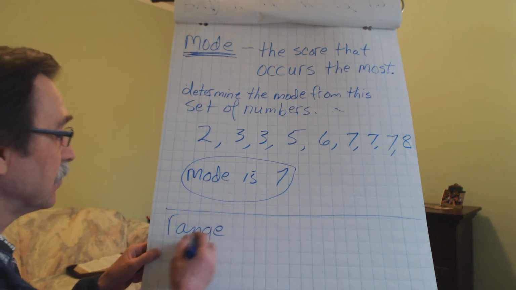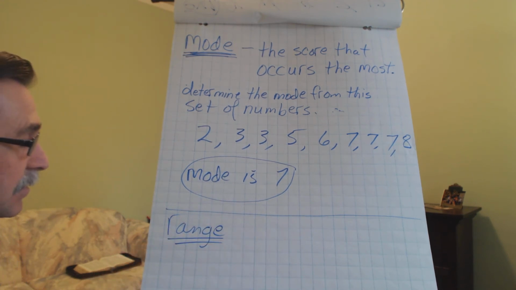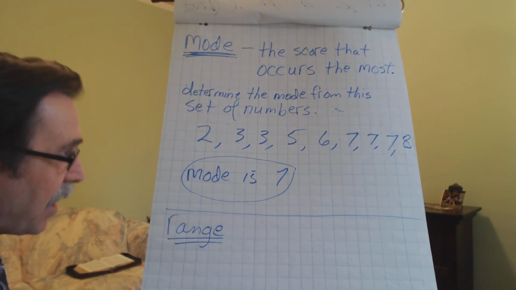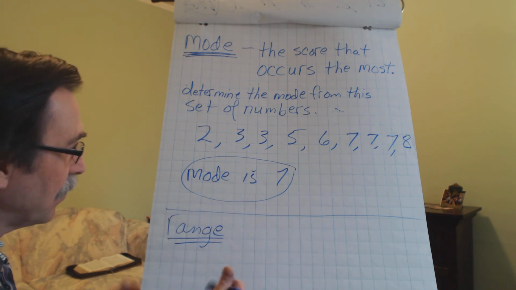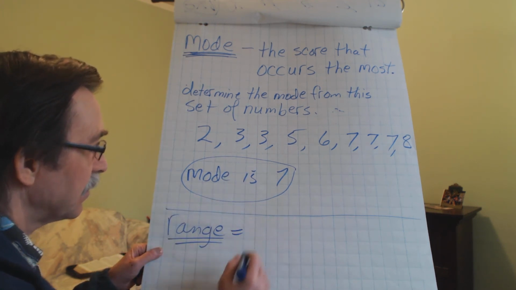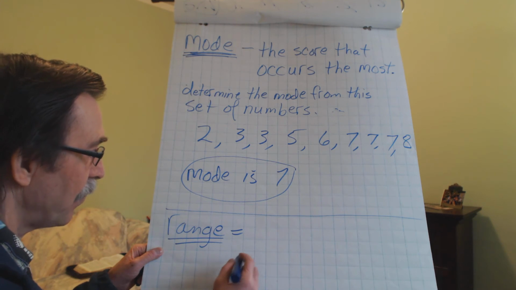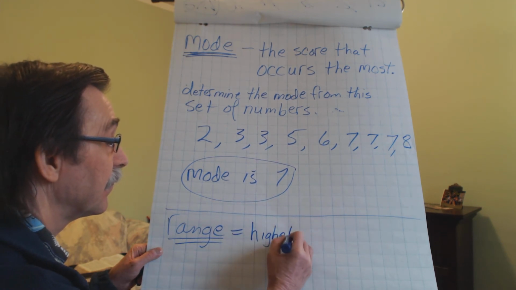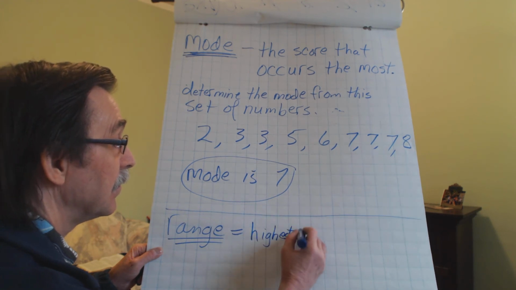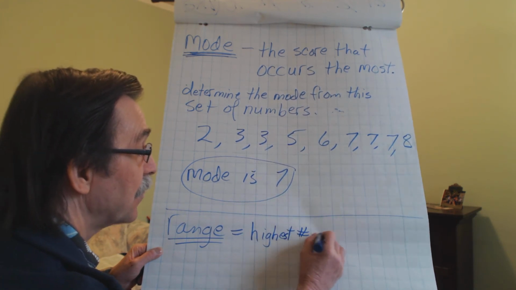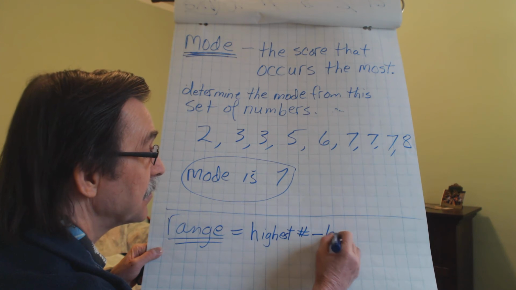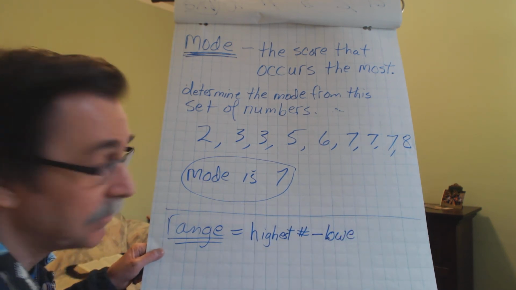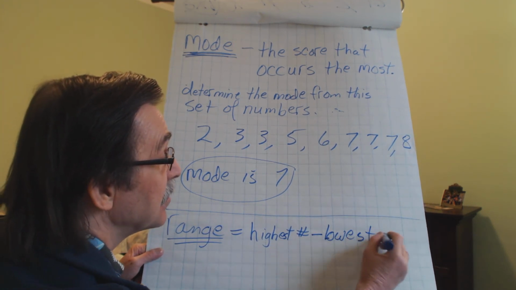The range, basically, it's the highest number subtract the lowest number. So here we have a little formula. Highest number, subtract lowest number. I'm whoopsing a lot today.